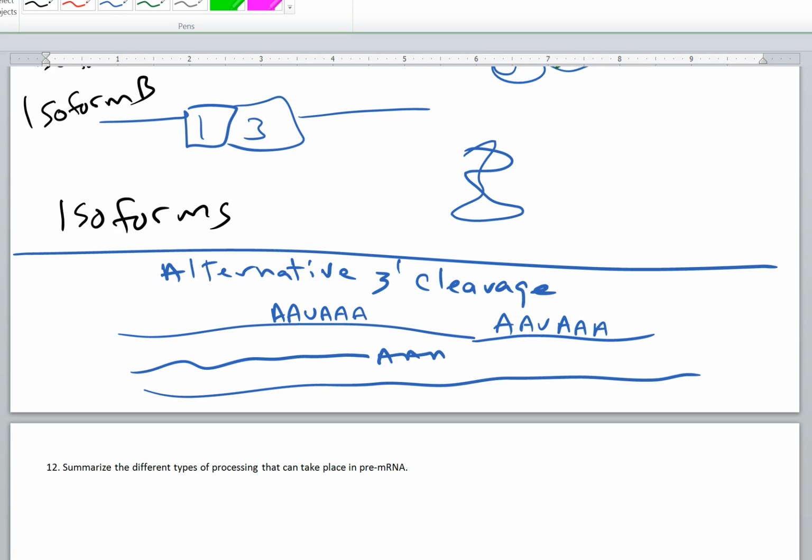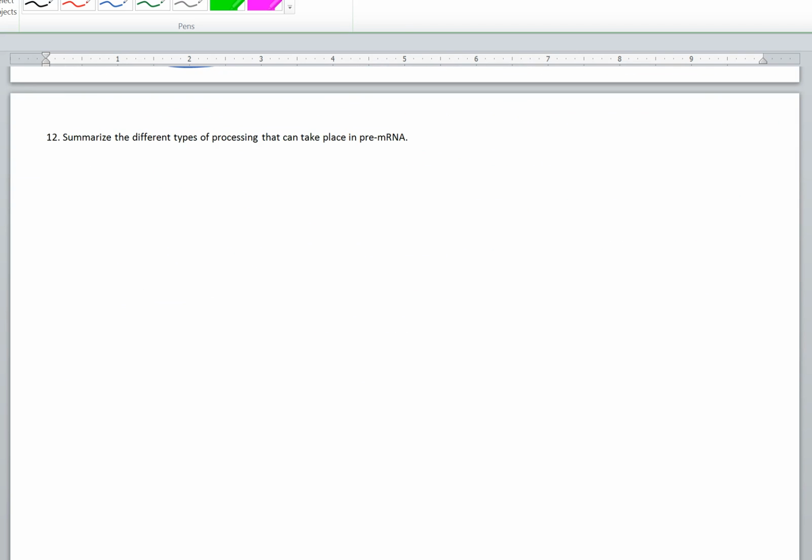And sometimes we might cleave it here and give us a bunch of A's. Those are just 2 possibilities. There are other possibilities as well. And then who knows what effect that would have. It might affect the length of the protein. It might affect the stability of the RNA. It might affect all kinds of things.